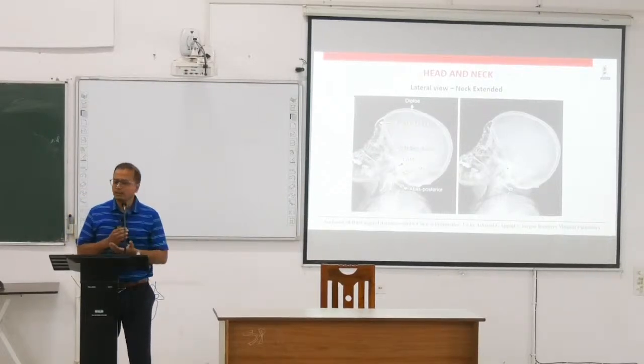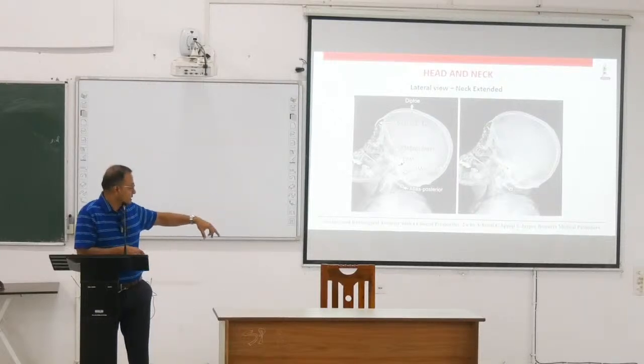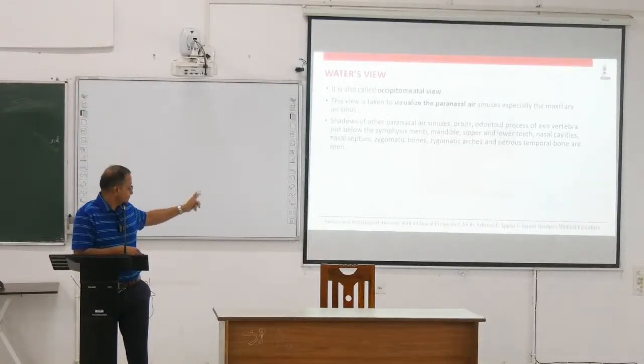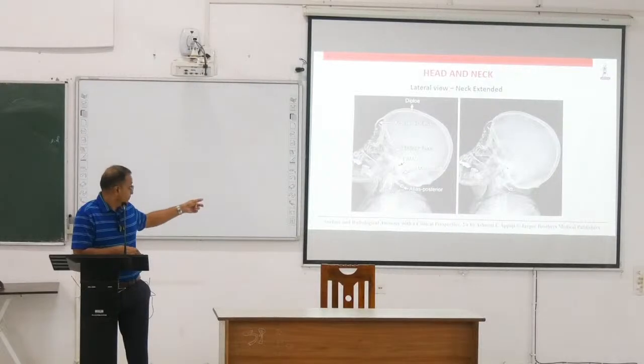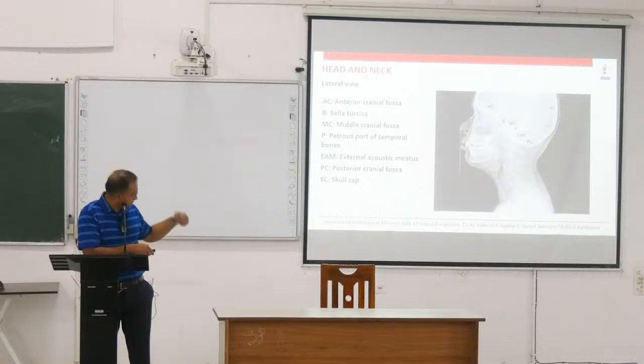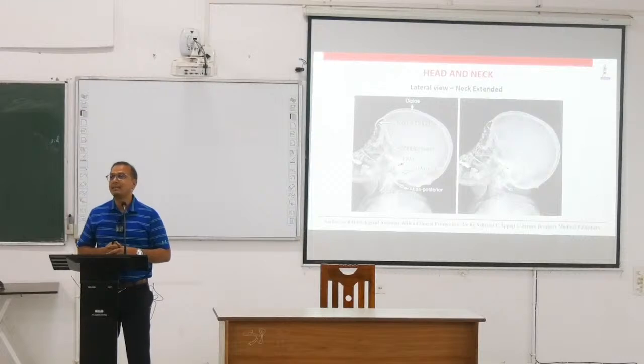So in case of the lateral view of the neck, we may have a normal neck position X-ray that you have seen in the previous X-ray. This is a normal X-ray, which is the neck straight X-ray, and next you see the same X-ray taken in the lateral view, which is called the neck extended position.